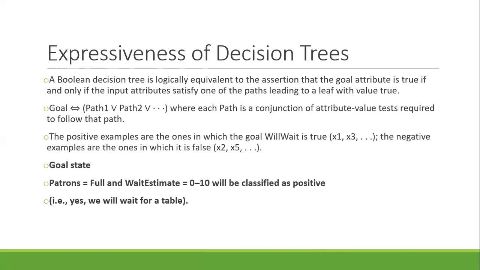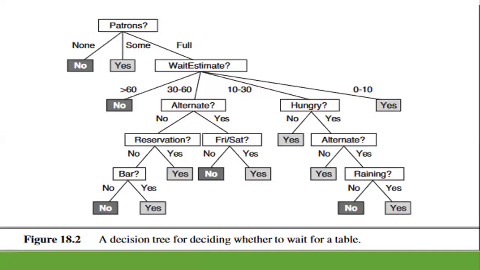The goal state is patrons equal to full and wait estimate 0 to 10 minutes, which will be classified as positive. So the attributes: your patrons should be full and wait estimate 0 to 10 minutes.